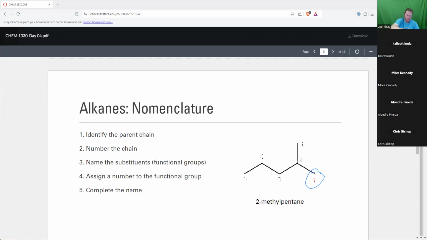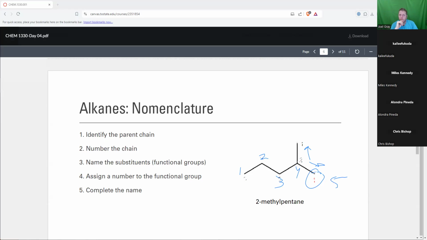In this case, if we were to start our numbering from the left, that'd be 1, 2, 3, 4, and then we've got 2 directions. We could go this way or this way. We'll call this 5. We're trying to come up with a straight chain.